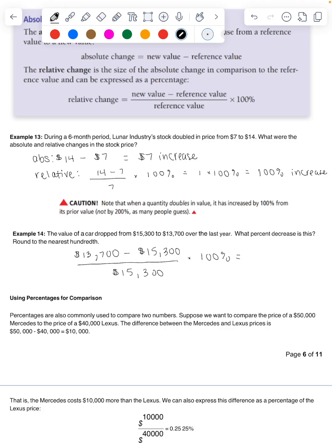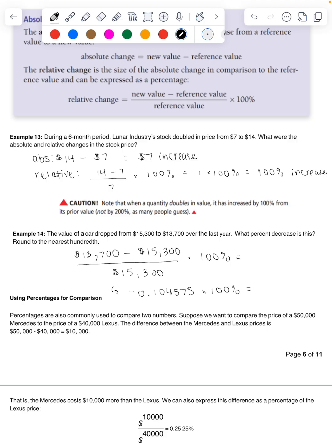So 13,700 minus 15,300 divided by 15,300. You will here get a negative number. We don't need to include the negative because we're talking about a percent decrease.